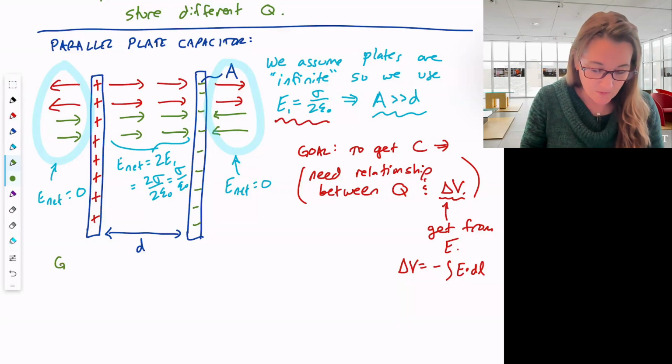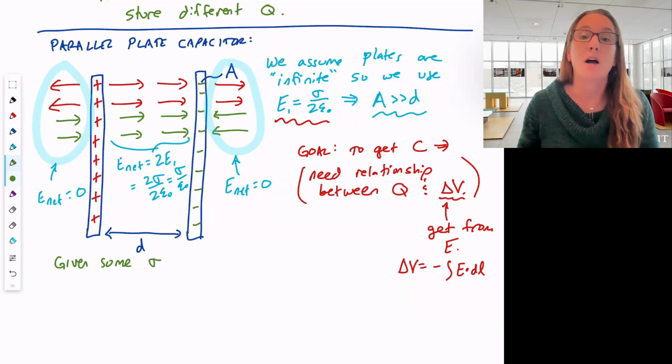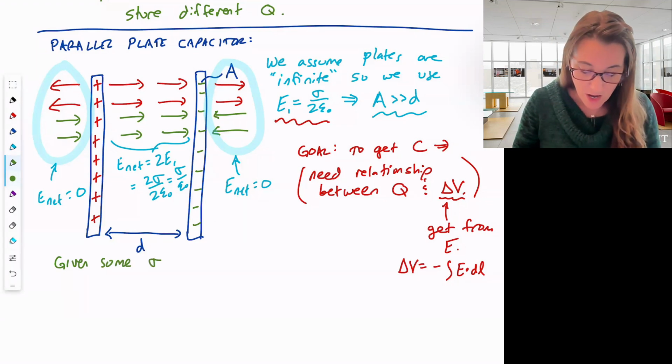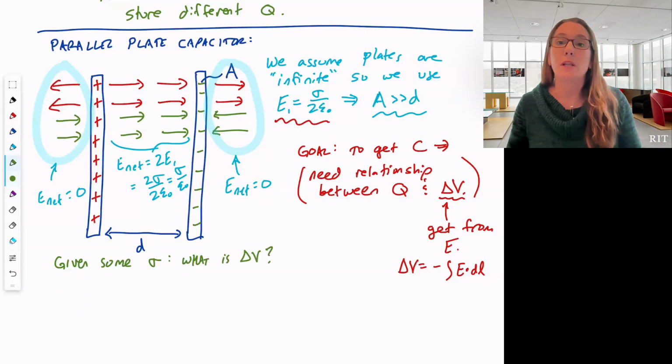So given some charge density, sigma, on each plate, we want to know what delta V is between those plates.